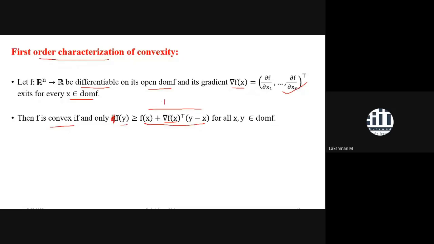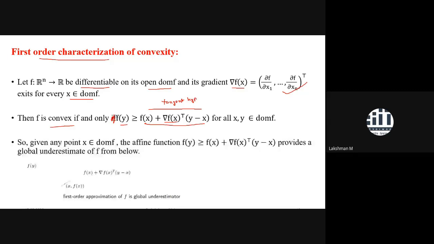We call it tangent to the graph of the function at point x. It is a tangent function, or you can also call it a hyperplane. Tangent hyperplane is the common name you can give it. Through the graph you can observe that. So you have a function, this kind of function.